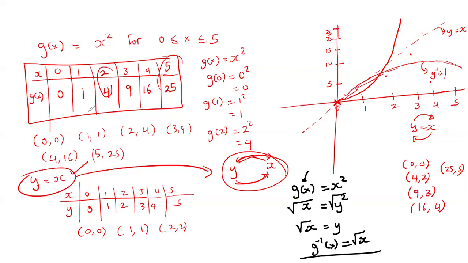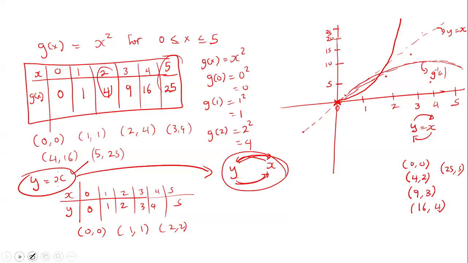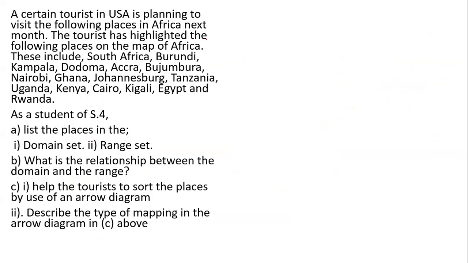So I think now we are good to start on some work. This is our first scenario to remind us of the different things. They are telling us that a certain tourist in USA is planning to visit the following places in Africa next month.